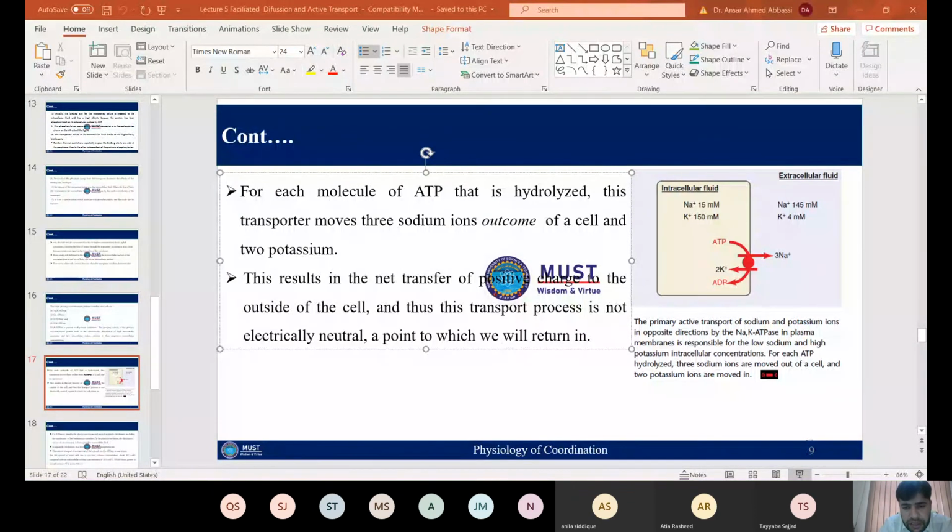So when we talk about the movement of calcium across a plasma membrane, this movement is mediated via the active transport mechanism. In that case, the calcium will move from the inner side of the membrane towards the outer side, from the cytosol or the cytoplasm towards the extracellular fluid.